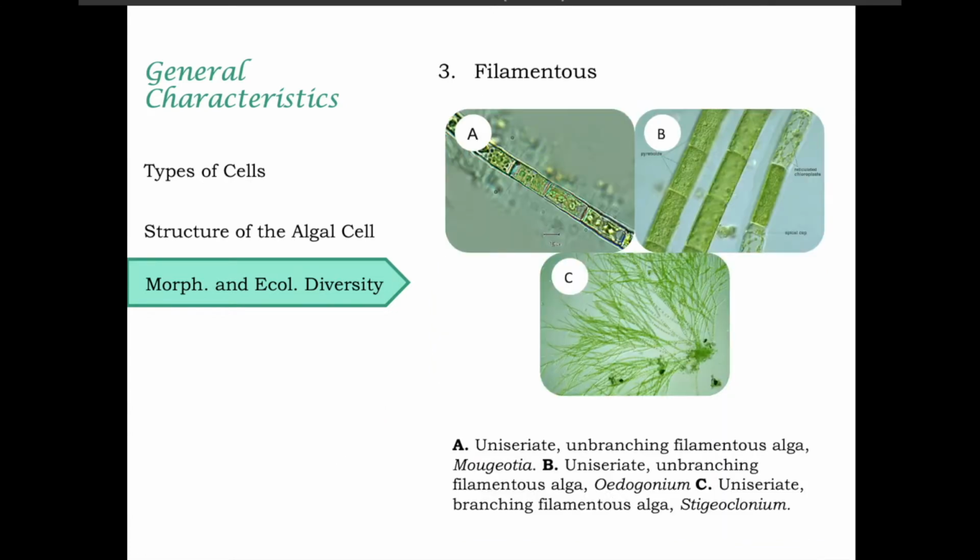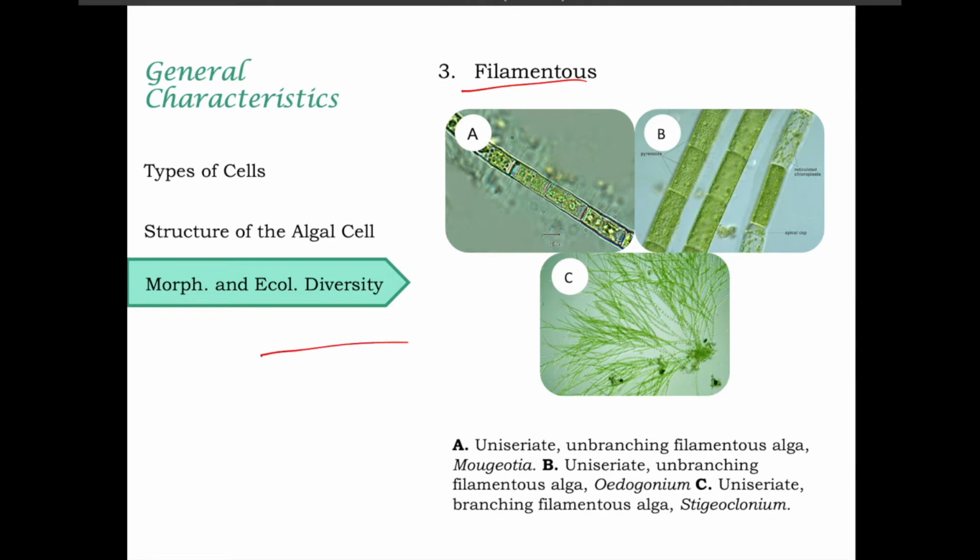Next is your filamentous organism. So for your filamentous organism, these are tubular, elongated, or thread-like forms of your algae that are formed due to perpendicular cell division.